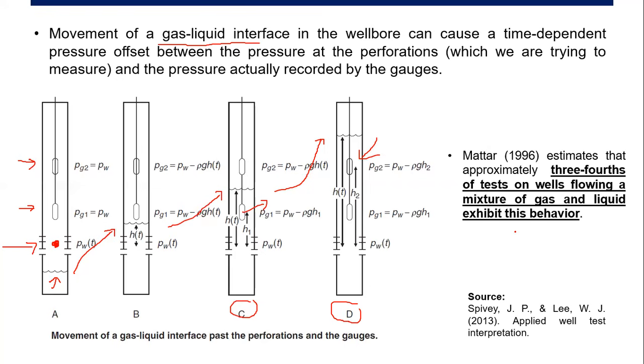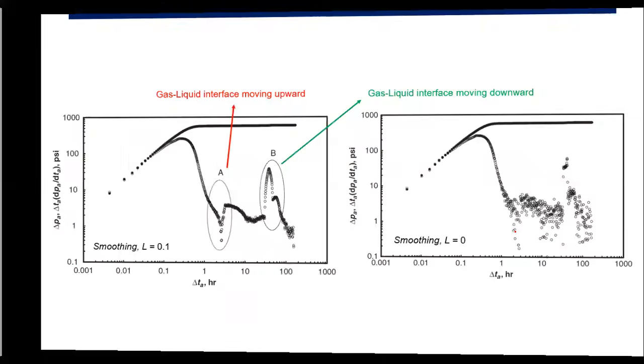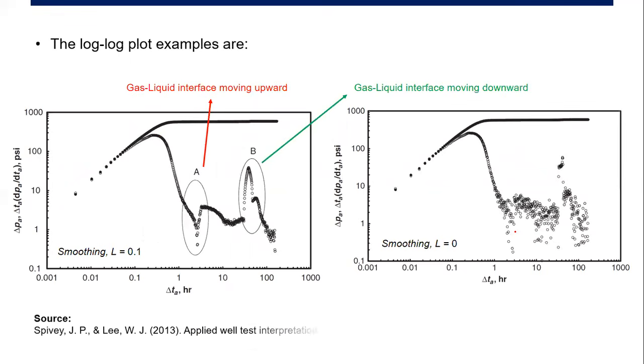So the interface will be moving, okay, it will move up, and this is the result. So if you have a moving gas-liquid interface, you will have something like this. You will have the derivative increase and then decrease again. So at point A, the gas-liquid interface is moving up, but at point B, the gas-liquid interface is moving downward.